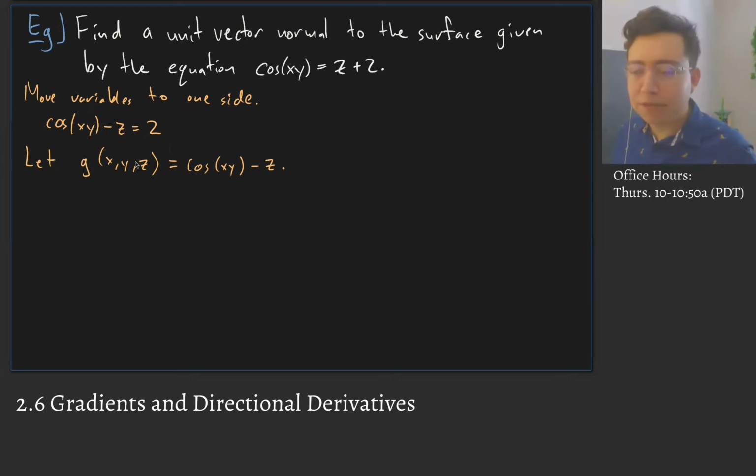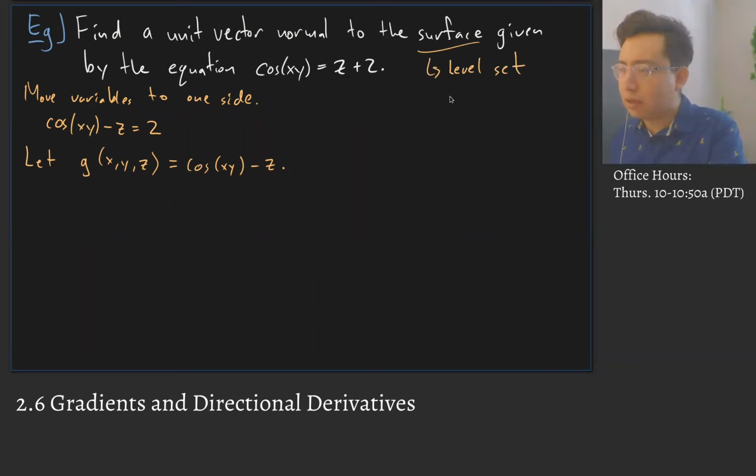So g of xyz is equal to everything there. And then basically the surface we're looking at, which is given by this equation, is just a level set. So the surface we're looking for is the level set of g at this level, g of xyz equals 2.